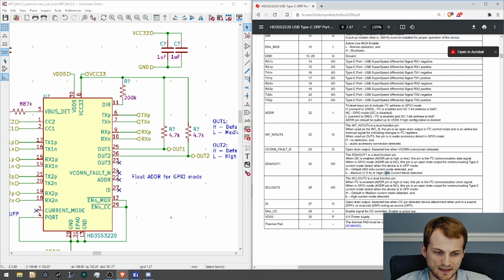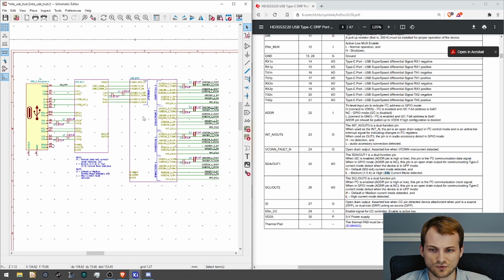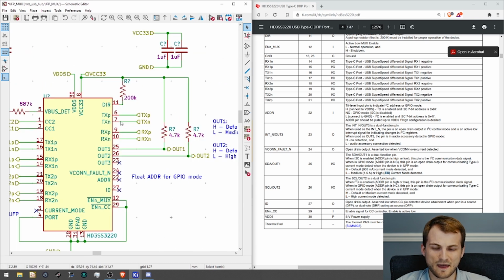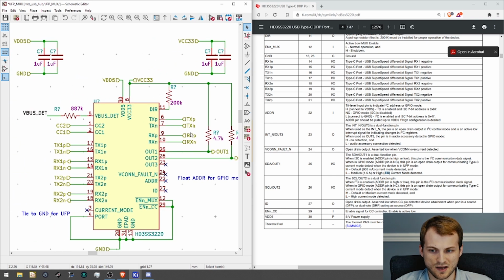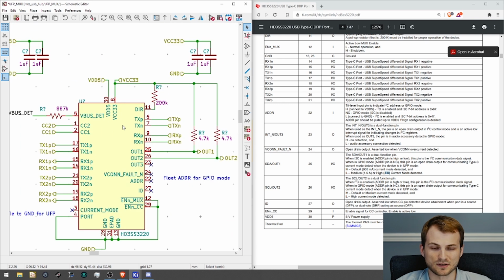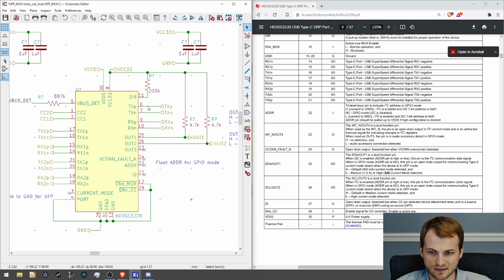So depending on the current draw allowed from our upstream facing port, these out pins would then go to our USB hub, and that would determine how much each port can source. But since we're going to be using an external power supply, we don't really care what the upstream port can source, but it's there if we need it.